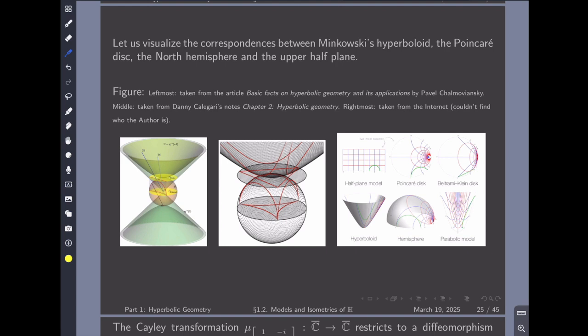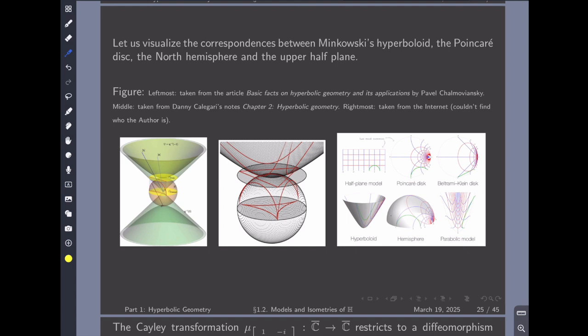Now here the thing is how to visualize. We know how to visualize the path between the hyperboloid and D, it is stereographic projection, and it's also nice.